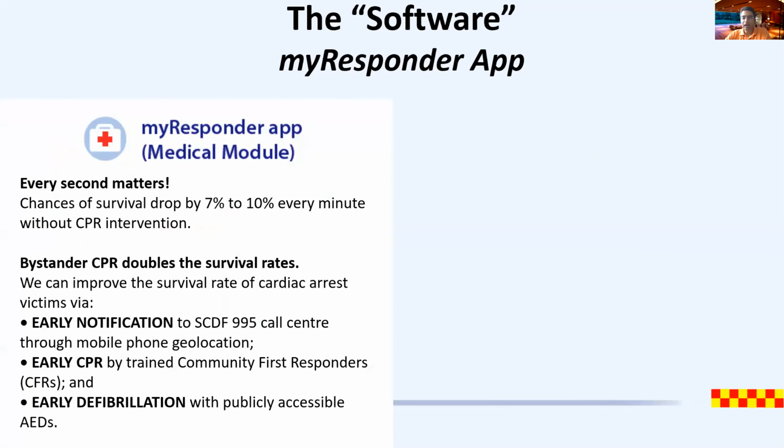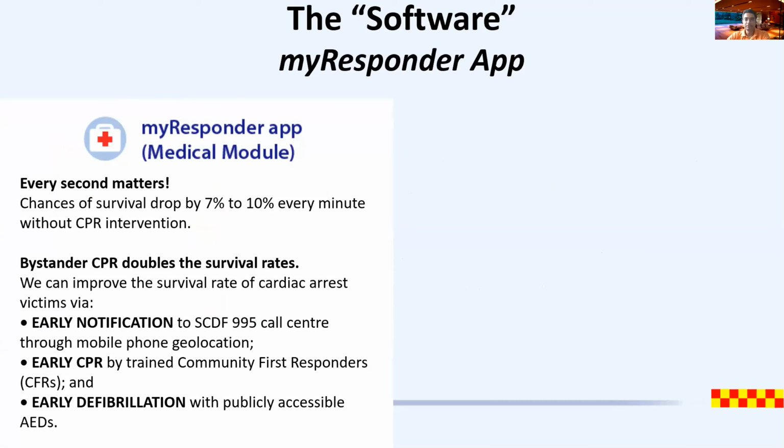The MyResponder app can help to improve the survival rate of cardiac arrest victims through early notification to the SCDF 995 call center via the mobile phone geolocation. And of course, that is provided that you have your GPS or location function in your mobile turned on.